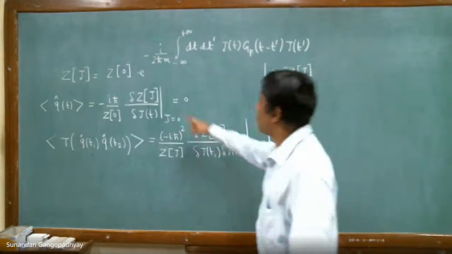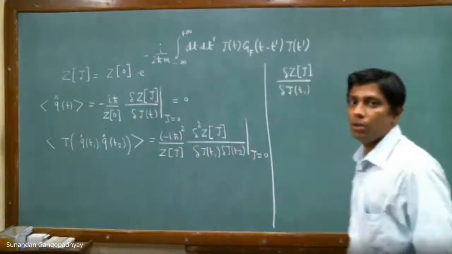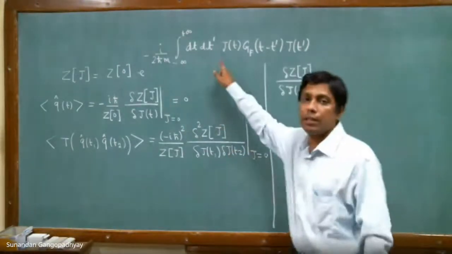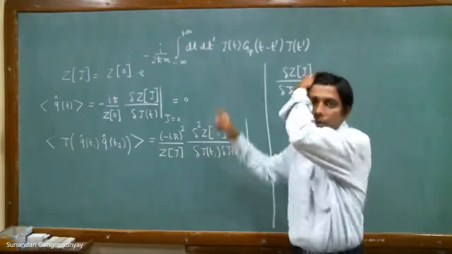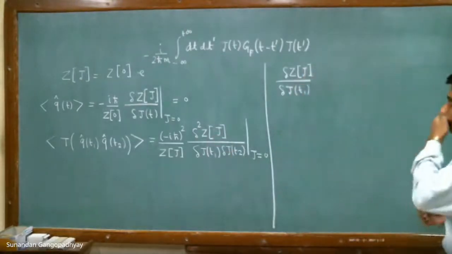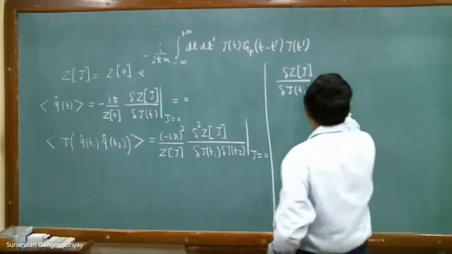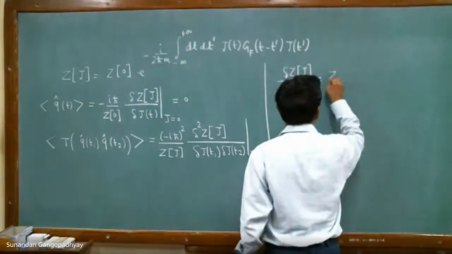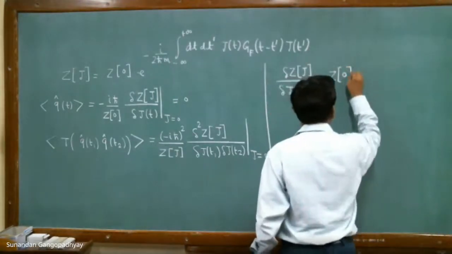and this is your expression. You have to functionally differentiate this expression with respect to the external source. So this will give us Z of 0.